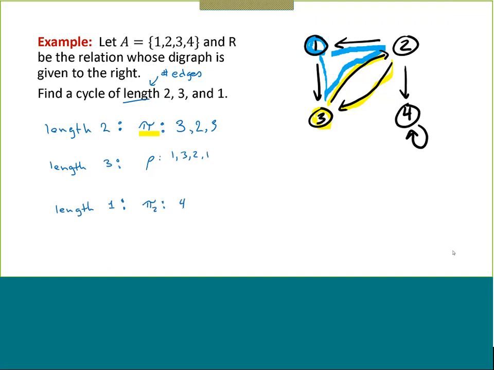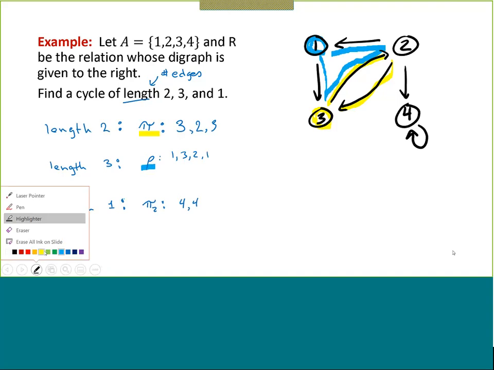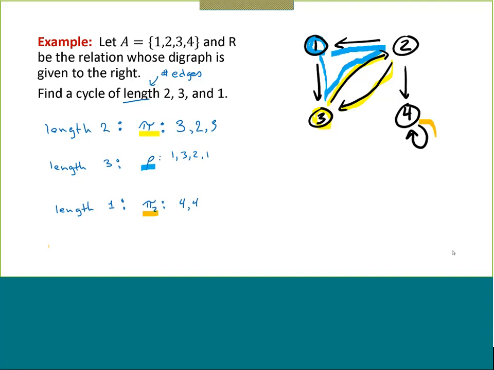Start at 4. Now, to actually make it a cycle, you have to have at least 1 edge. Edges are defined by their 2 endpoints. So to bump this into a cycle, this is where you'd actually say 4, 4. And that tells you that you started and stopped at 4.